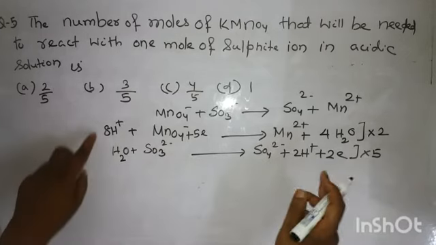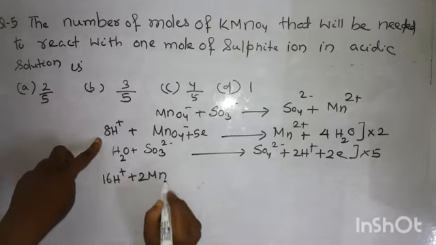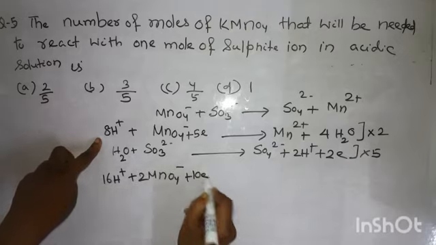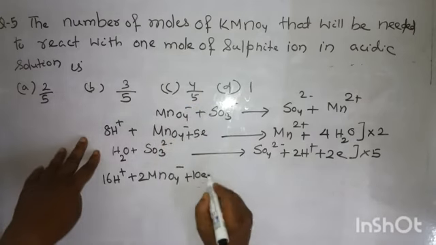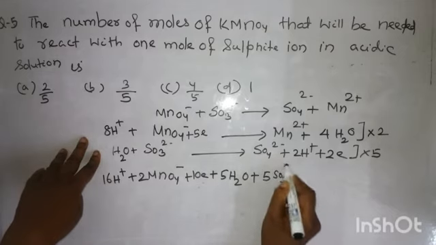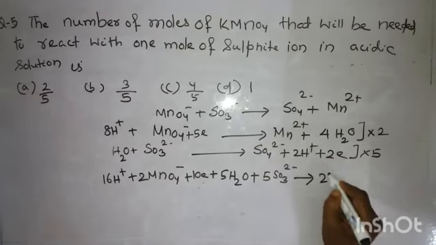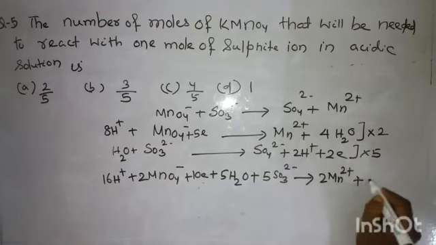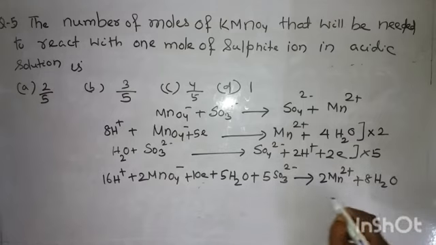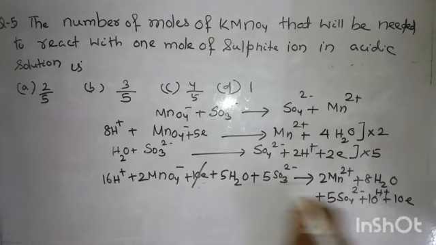Write down the equation. This will be 16H plus, 2 MnO4 minus, plus 10 electrons. This side I have written 5 H2O plus 5 SO3 2 minus. Okay, and on this side 2 Mn 2 plus, 8 H2O, plus 5 SO4 2 minus plus 10 H plus plus 10 electrons. The 10 electrons cancel out.